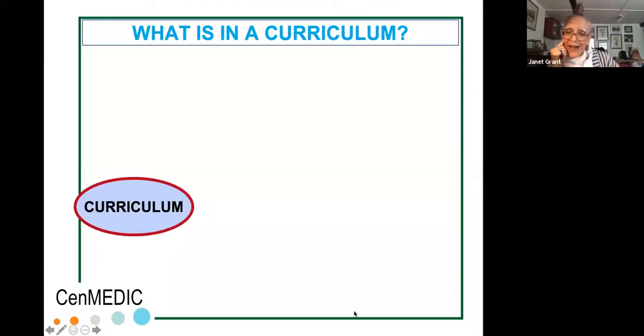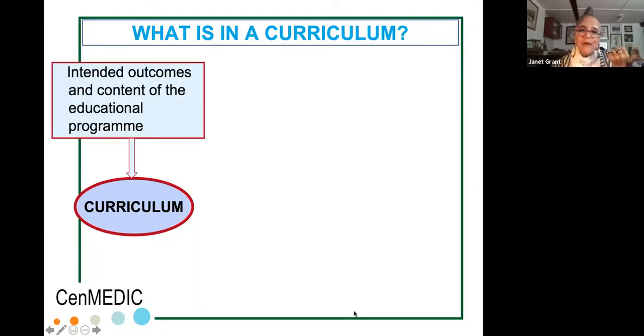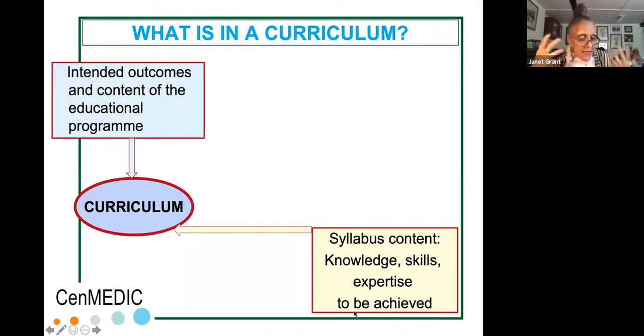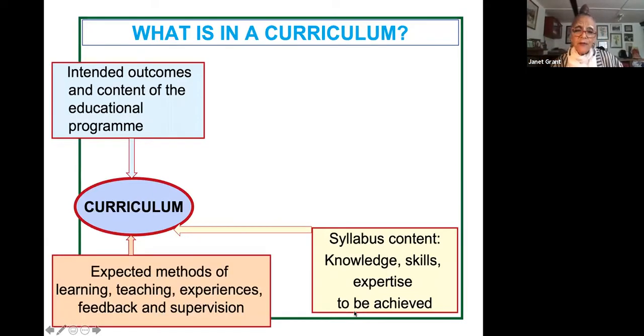So when you have done all that, you've chosen your curriculum, you've decided that you want a traditional curriculum or whatever you want, what is going to be in that curriculum? Well, a statement of intended outcomes and the content of the educational program. You must have that so you can plan the assessment system. The syllabus content, what will actually be taught, the knowledge, the skills, the expertise to be achieved.